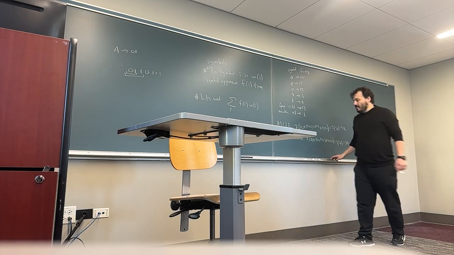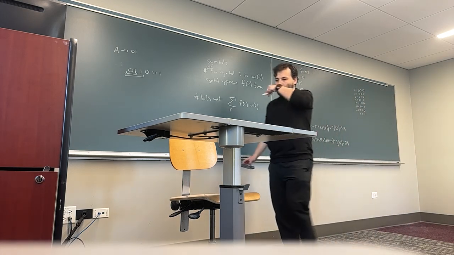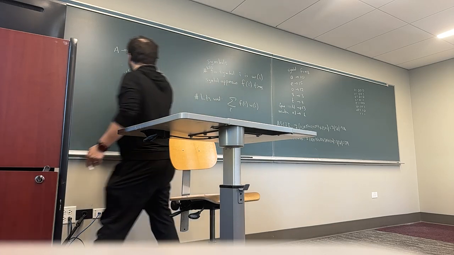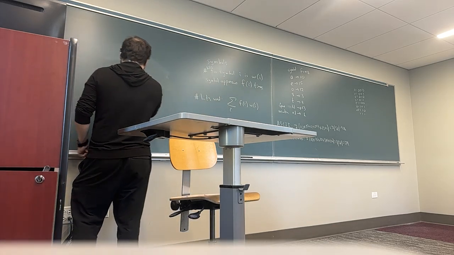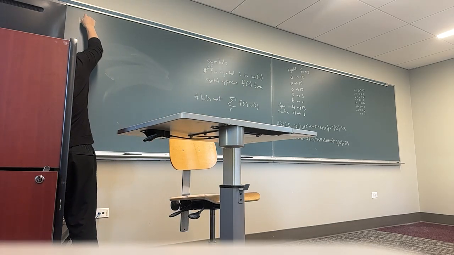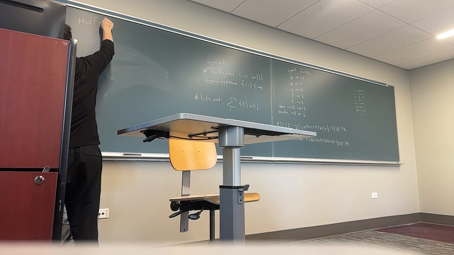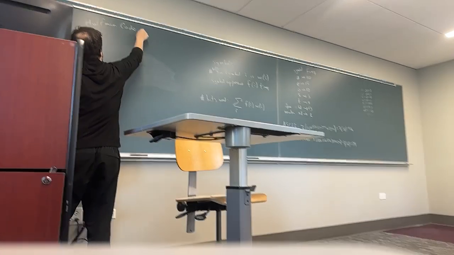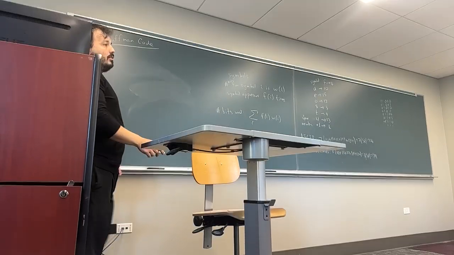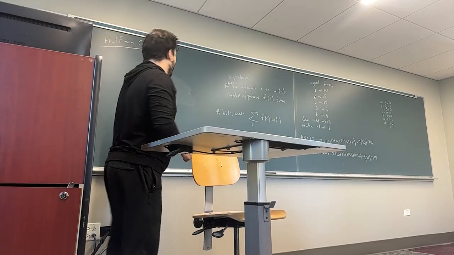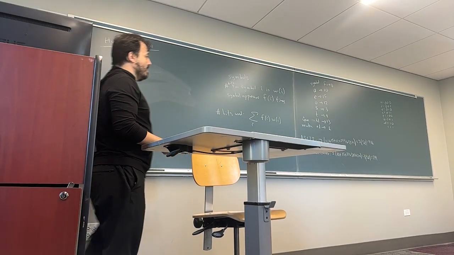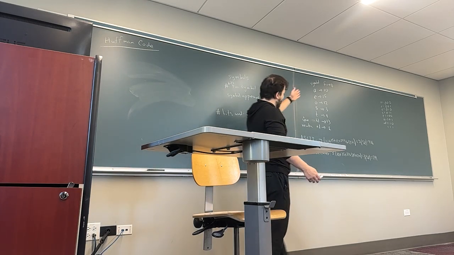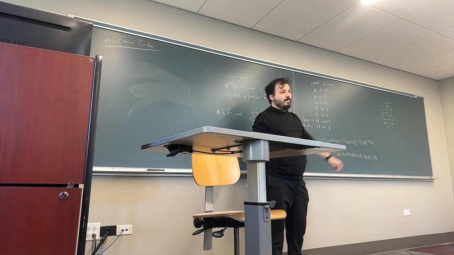But there is an even better way to do it, and that's going to be the Huffman code. Here we're going to take into account the fact that they appear at different frequencies.